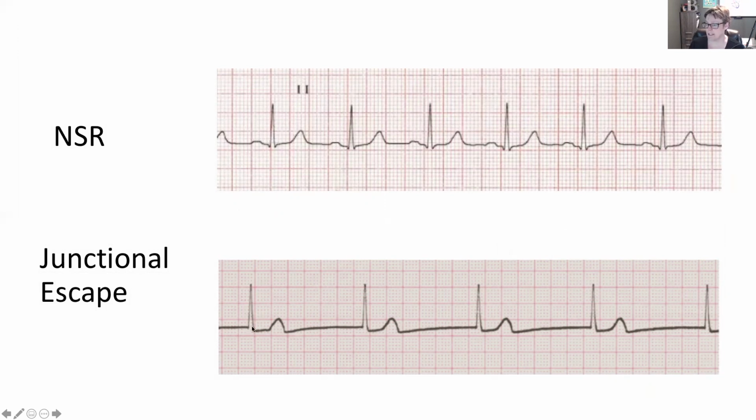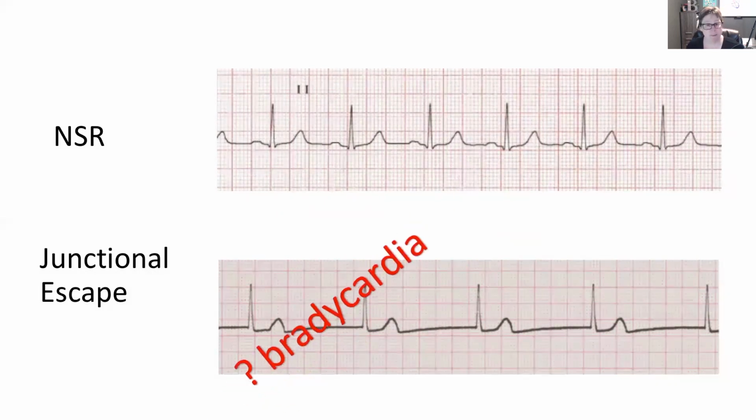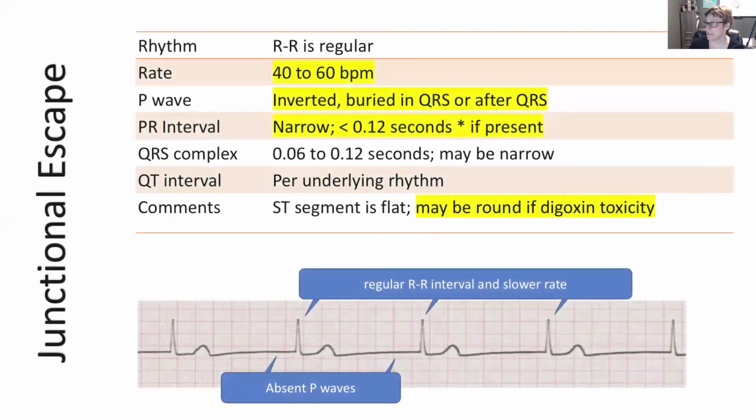My QRS is narrow. QRS is narrow. I have this round T wave and a round T wave. And then there's where the missing link is, that P wave. So 2 characteristic features, the P wave change and the slow heart rate. But again, without doing our analysis, someone might think this is bradycardia, so we need to take a look deeper.